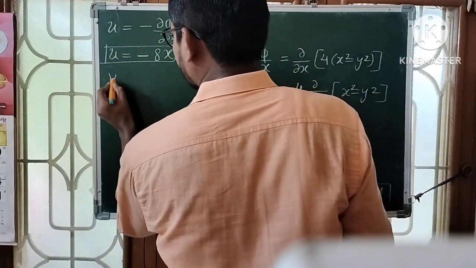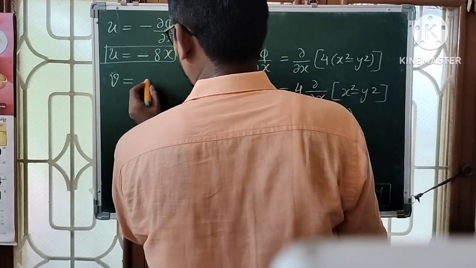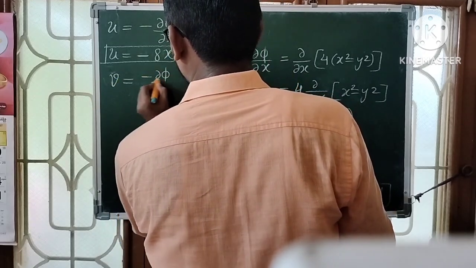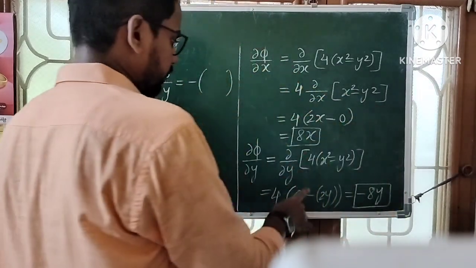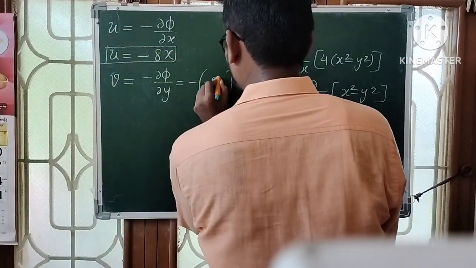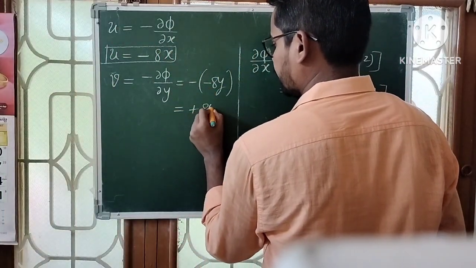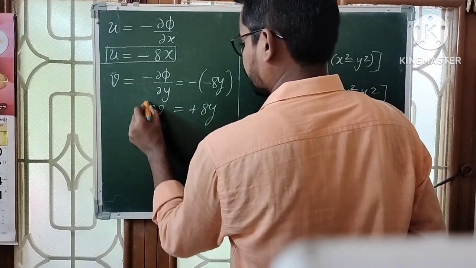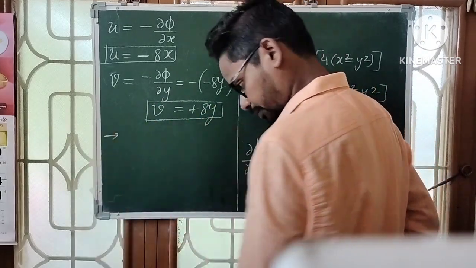Similarly, v, the velocity component in y direction, is minus dou phi by dou y, which is minus of minus 8y. Minus into minus is plus, so you get plus 8y. So u is equal to minus 8x and v is equal to plus 8y.